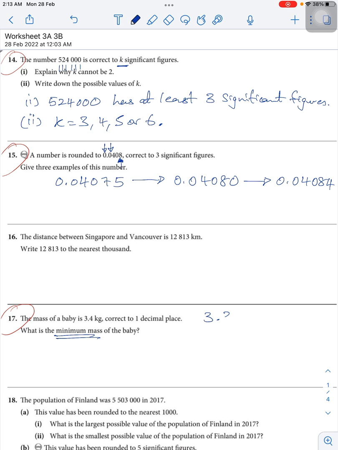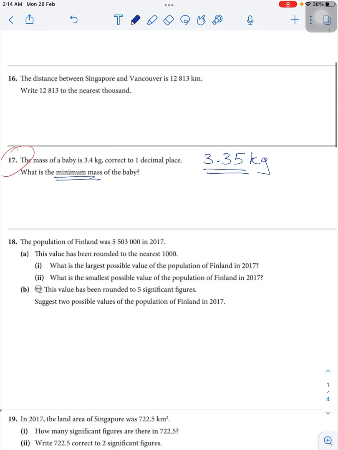So this is 3.3, and the minimum can go all the way to 3.35. It cannot be 3.34 because that would round to 3.3 itself. So you need to have 3.35 kg. This is the minimum mass.